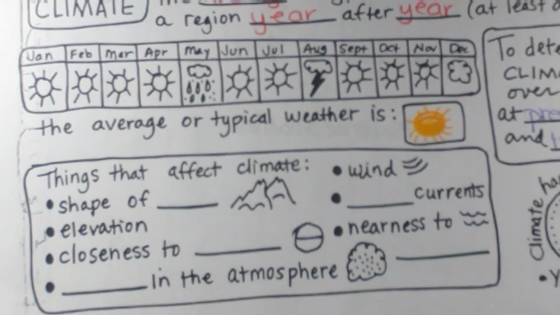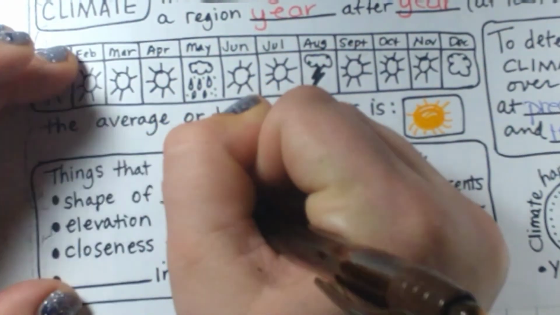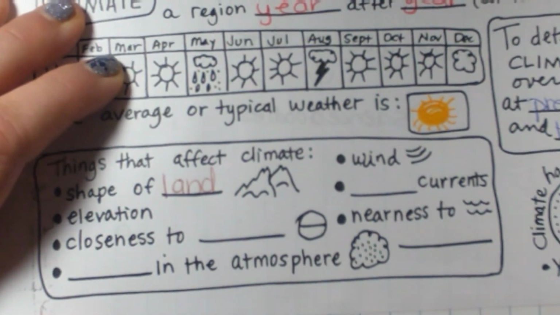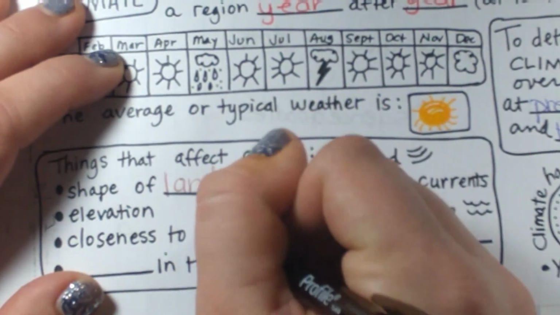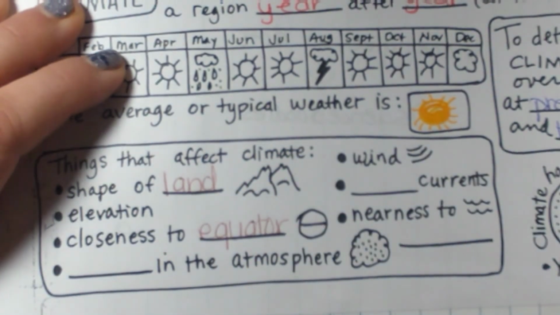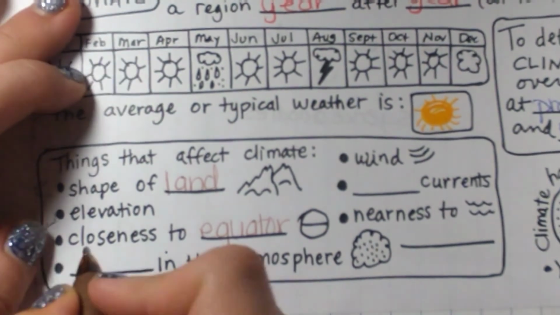Some things that affect climate, and we're actually going to be talking about that in the next lesson when we talk about climate zones, but the shape of the land, the location of the land, the elevation, if it's on mountains, if it's on flat land, how close it is to the equator. Things that are closer to the equator are going to be warmer. Things that are further from the equator, the closer they are to the poles, the North Pole and the South Pole, that is going to be colder.